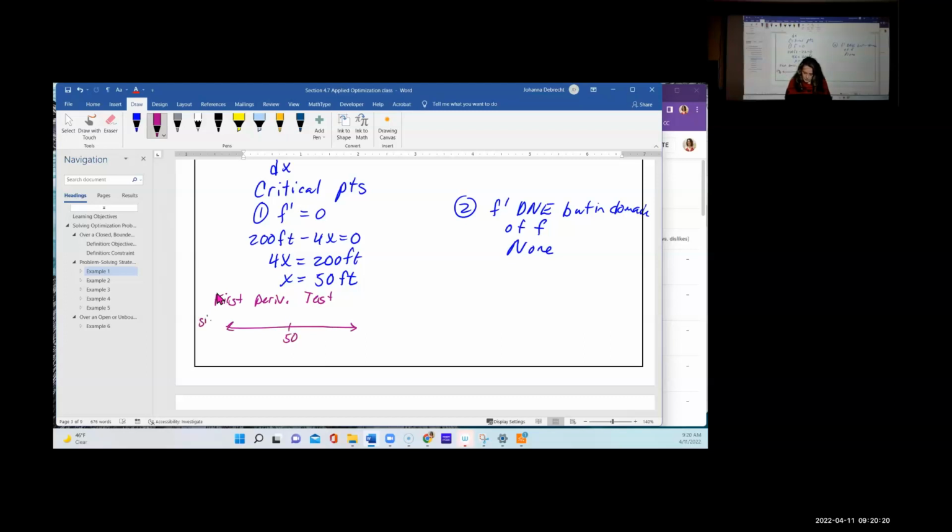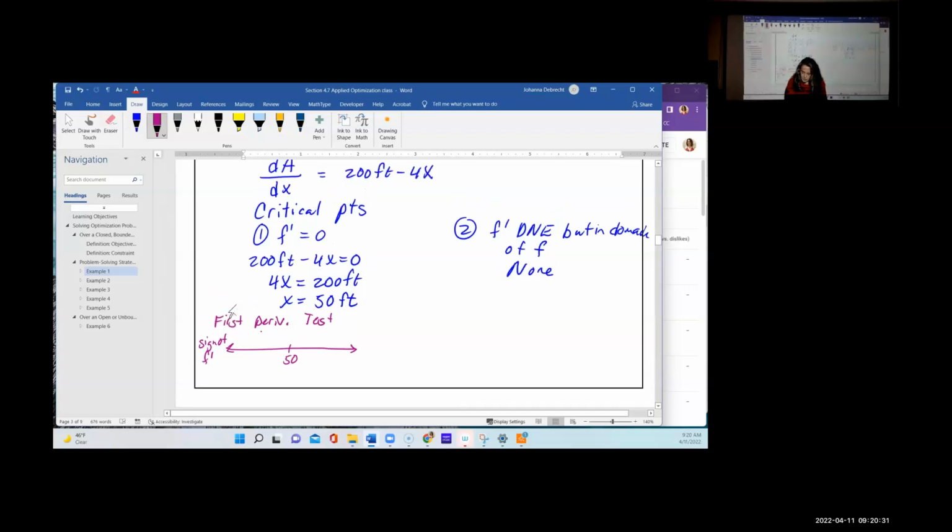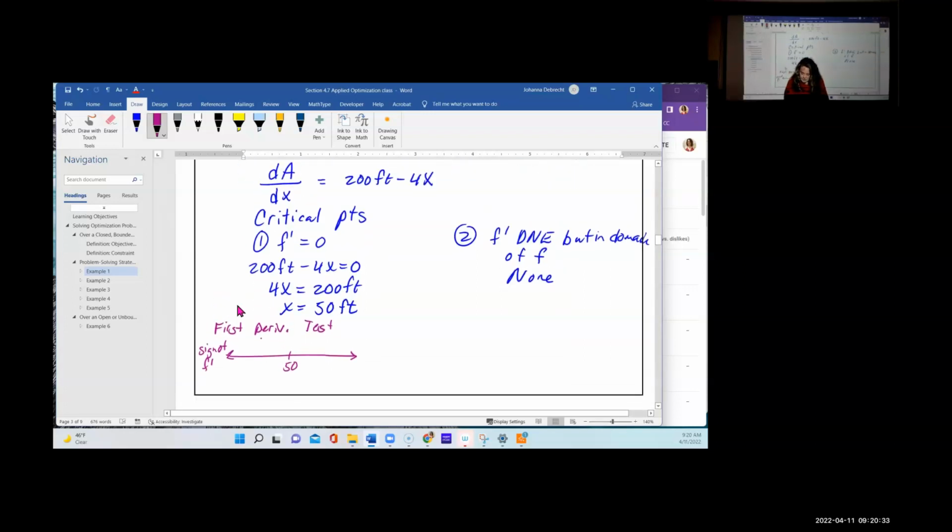And then I would look for the sign of the first derivative at test points. So, test points here. I would probably use even something like 1, and then I would use 51.